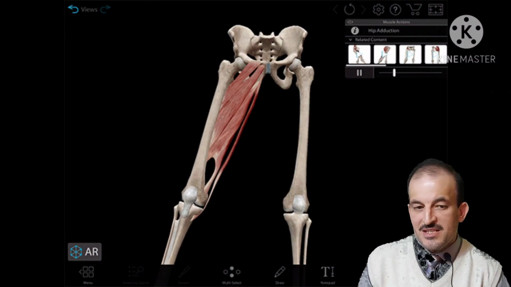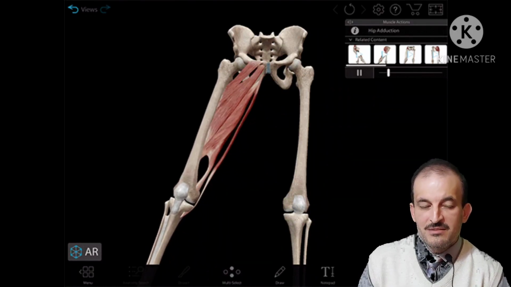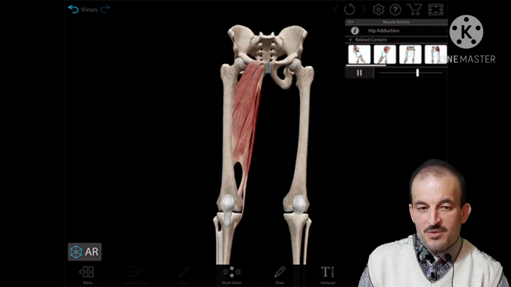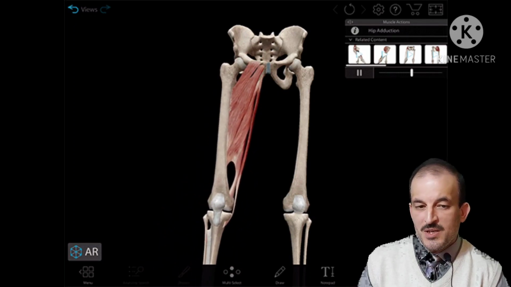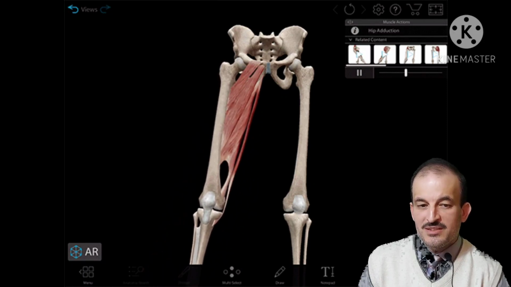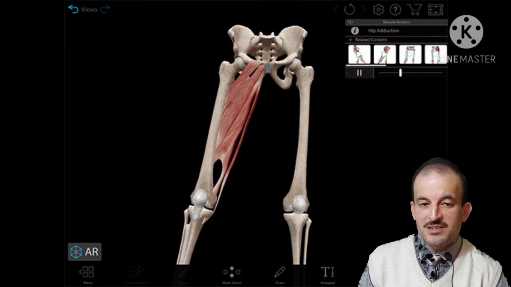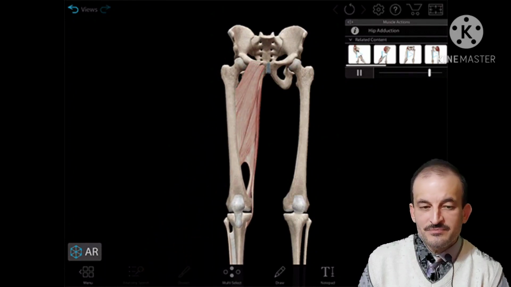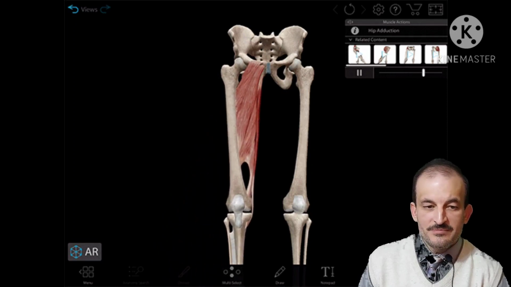As seen in this slide, this group of muscles crosses just one joint, and the other, which is situated more medial, crosses two joints, the hip joint and knee joint, while the other, which is situated more lateral, crosses the hip joint only.